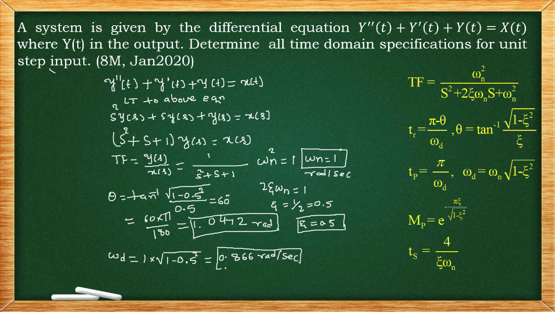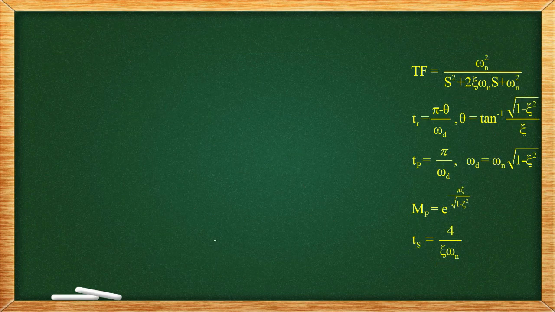So once we calculate omega n, zeta, theta and omega d, the next calculations are very simple. Let us begin with the first time domain specification, TR.